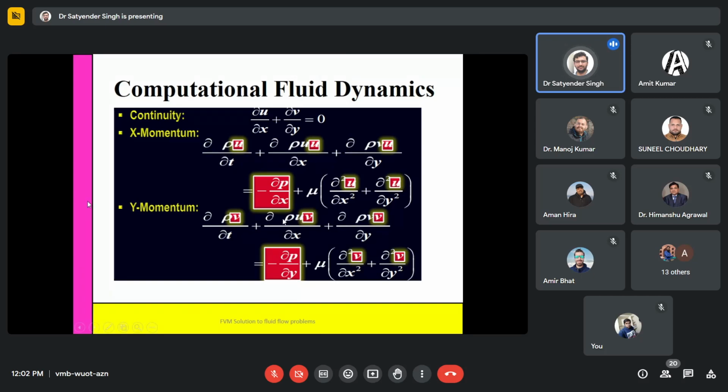If I'm talking about x momentum, I'm solving for u, then from a separate equation I must be getting v and p. But for a grid representation, they also need to be assigned different locations. I hope I am able to make my point clear.